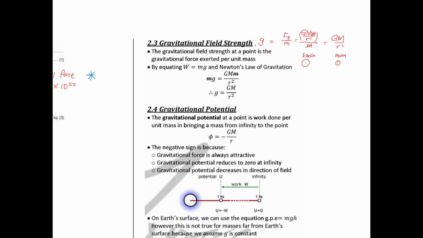Okay, so let's put it in this way. Let's say the mass of the Earth is capital M, the mass of the Moon is small m. Now the distance between the Earth and the Moon is r.